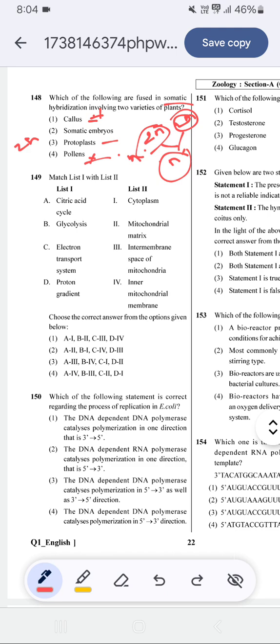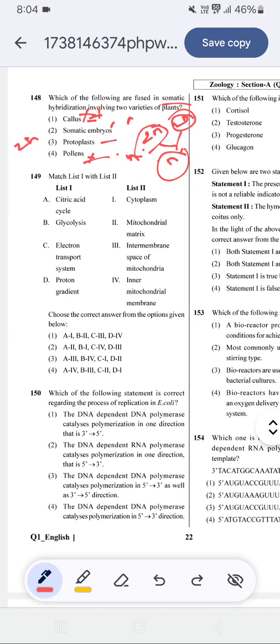So callus will not be the answer. Somatic embryos, they come from a single somatic cell. Single somatic cell undergoes division and becomes an embryo. There is no fusion taking place in this. So somatic embryos will not be the answer. The answer will be protoplast.